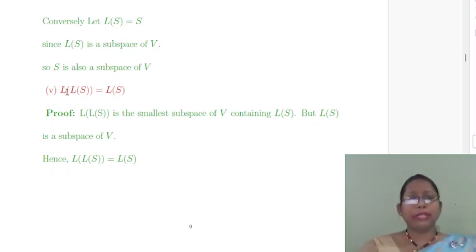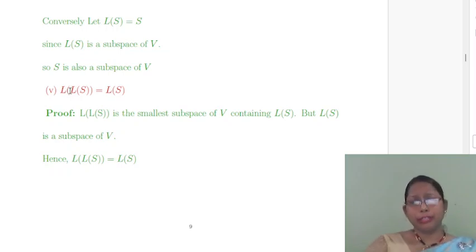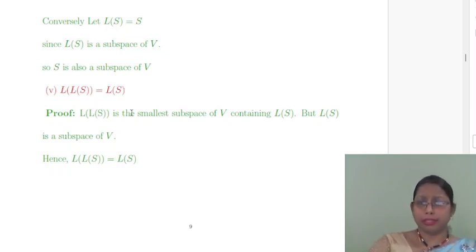Next, fifth property. Linear span of linear span of S is equal to linear span of S. Since linear span of S is the smallest subspace of V containing S, this is from the theorem on linear span. But L of S is a subspace.